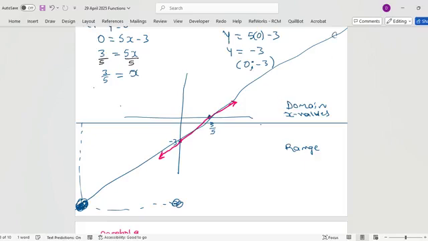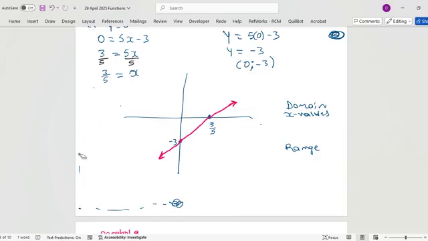I can still know this point because all the values of x are there and all the values of y are there. Now, allow me to say the graph can start at negative infinity and end at positive infinity.